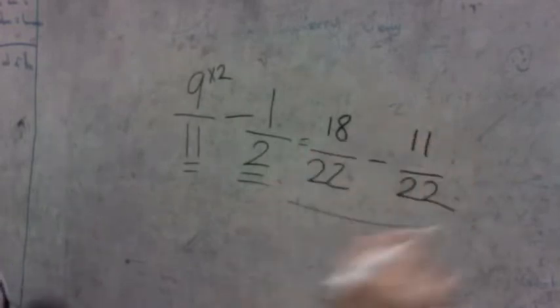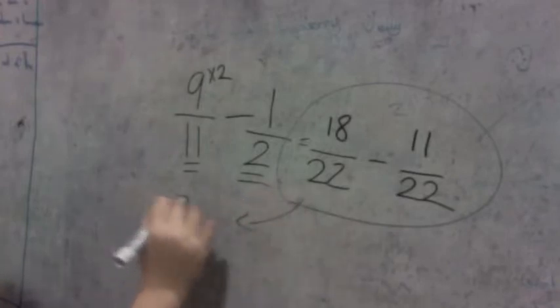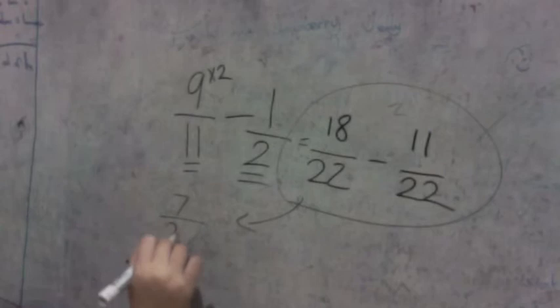Now we can subtract these fractions, and it equals 7 over 22. Well, 7 over 22 has to be subtracted by another unit fraction, which happens to be 1 over 4.